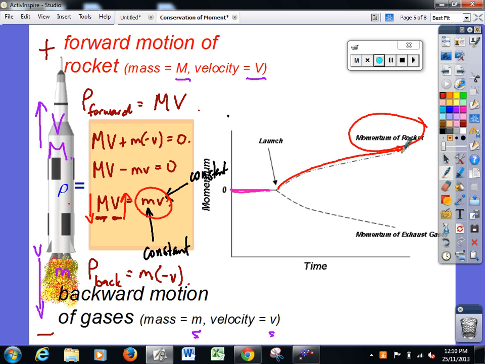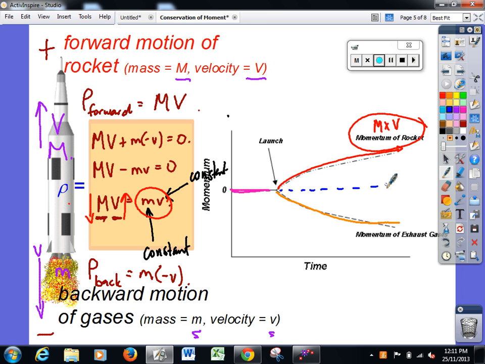What is the momentum of the rocket? It's capital M times capital V, isn't it? What must occur at the same time is this line down here. What can you tell me about the shape of that upper line and the bottom line? Right, they are exactly opposite. So they are reflections in this line here.